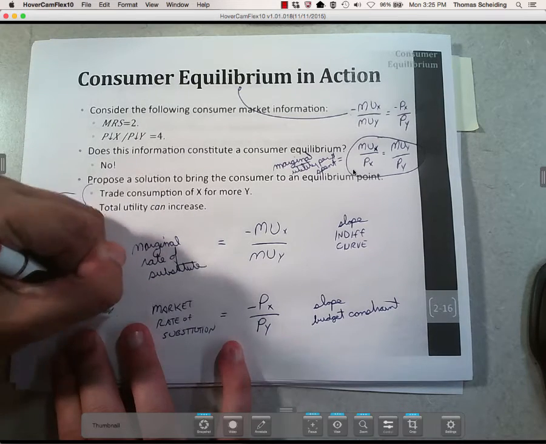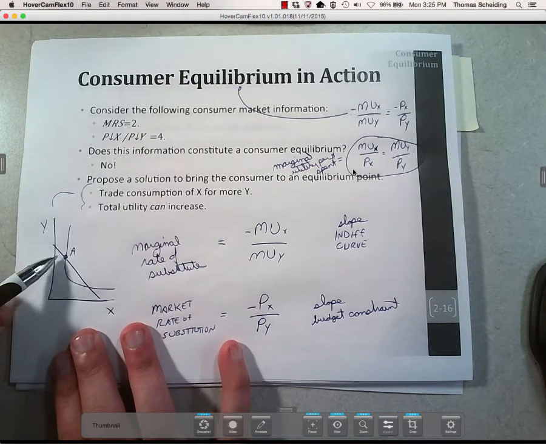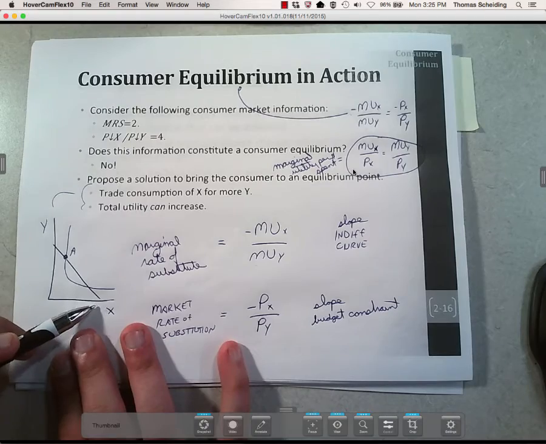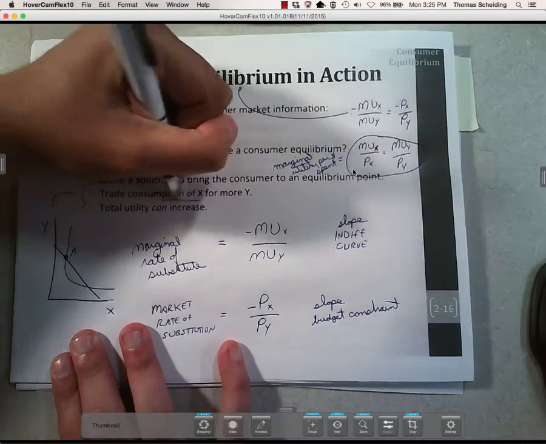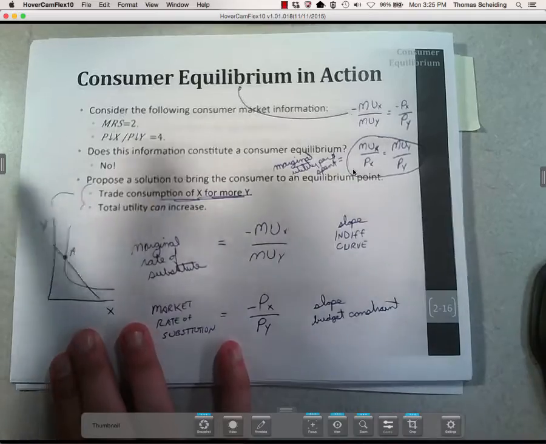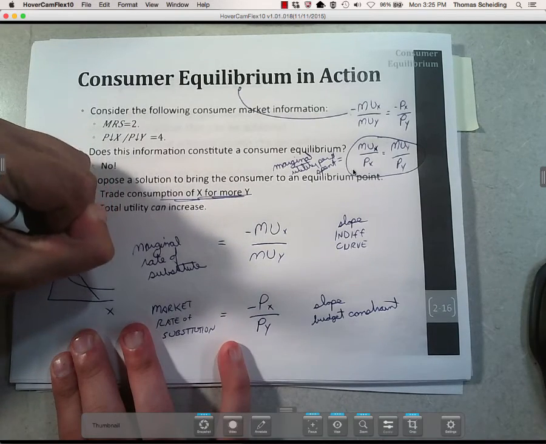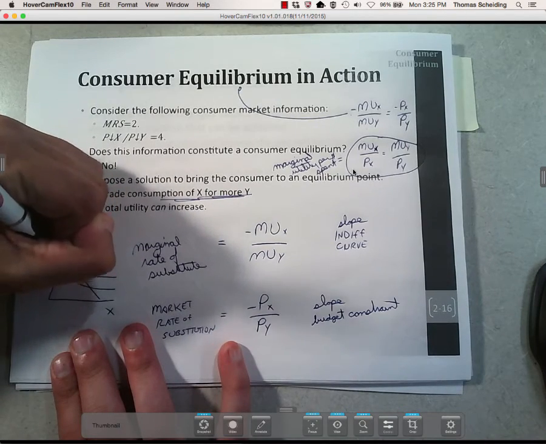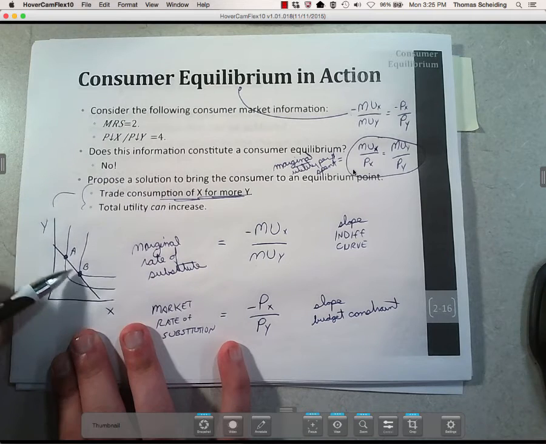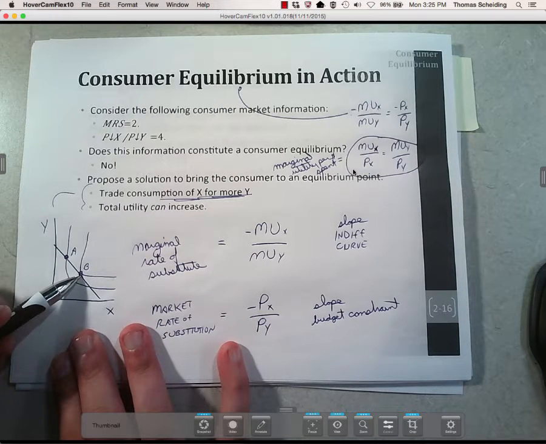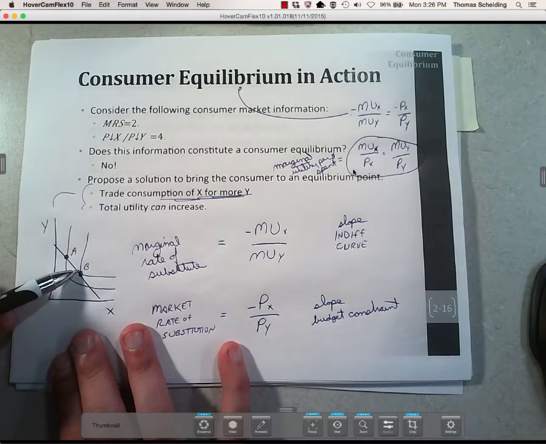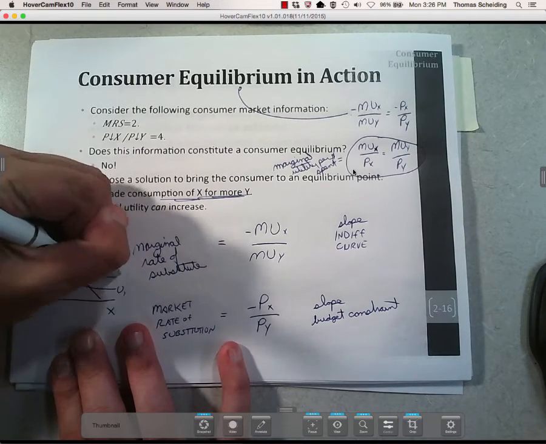The problem with A is that I'm consuming too much of Y and not enough X. If I just readjust things, A and B represent spending the same amount of money, but by rearranging my consumption patterns, I can get more utility.